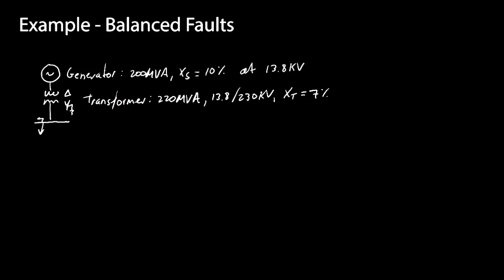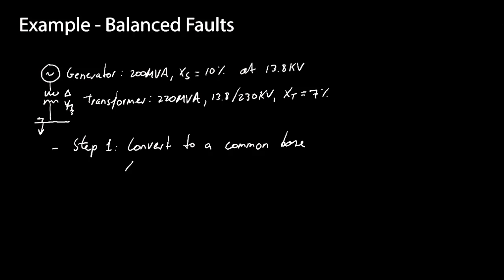Now one thing that I want to mention here is that notice that the transformer has a different impedance than the generator. So again, just repeating the steps that we did in the previous example, we can say, well, step 1 would be to convert to a common base. So in this case, I'm going to convert the transformer impedance, which is at 220 MVA as the base, to 200 MVA, which is the base of the generator.